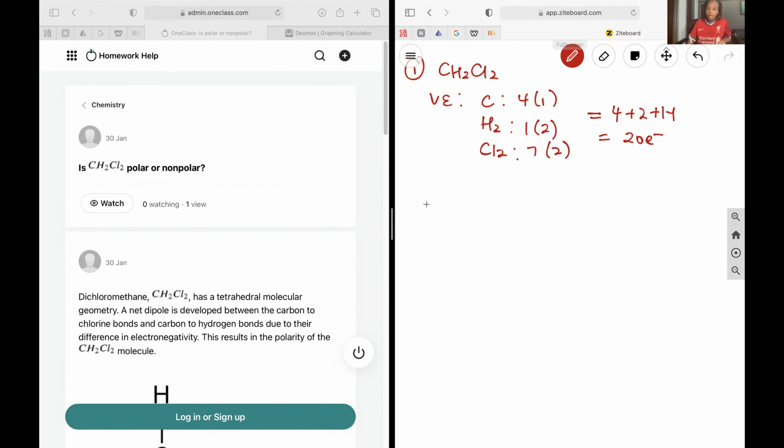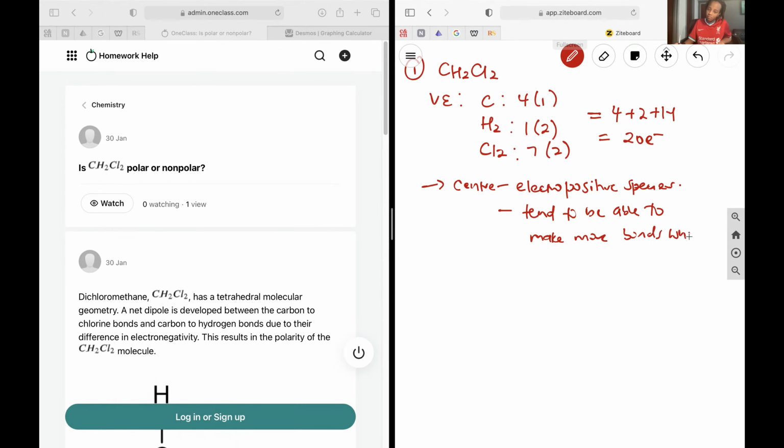Okay, so let's go about doing that. We need to pick our center, and we will typically be choosing the electropositive species. The reasoning for this is that they tend to be able to make more bonds while keeping formal charge low.